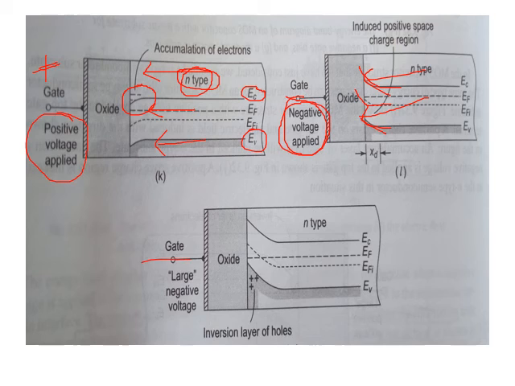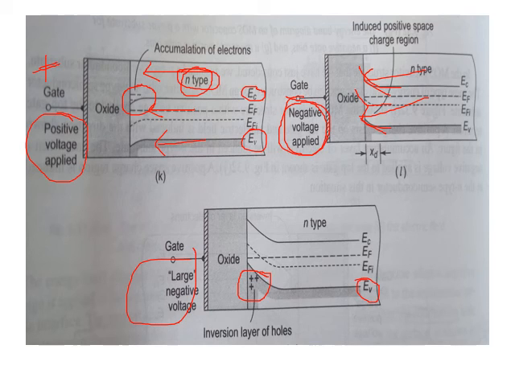If I apply a large negative voltage, what will happen? Exactly, very good. See here, holes are being shown, not near the conduction band but near the valence band, right?